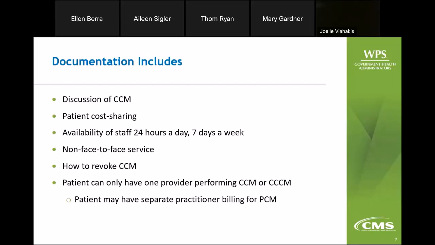So if they wake up at 3 o'clock in the morning and they're not feeling well, they take their blood sugar and it's either too high or too low, they can call this clinical staff person and say, okay, what do I do? That clinical staff person will have a copy of their care plan, and then will provide information back to that patient as to what needs to happen next.